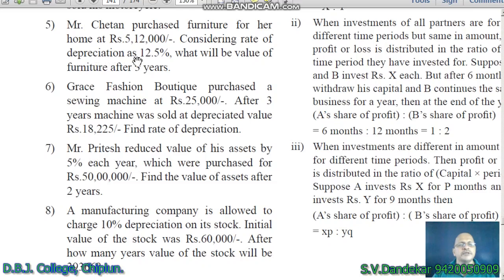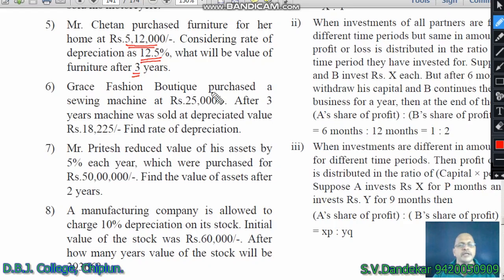Considering the rate of depreciation as 12.5%, what will be the value of furniture after 3 years? In this problem, n is given, R is given and V is given. You want value after n years. This can be easily solved.